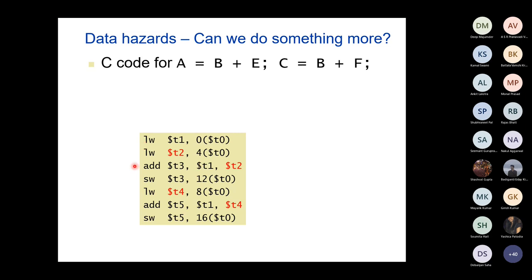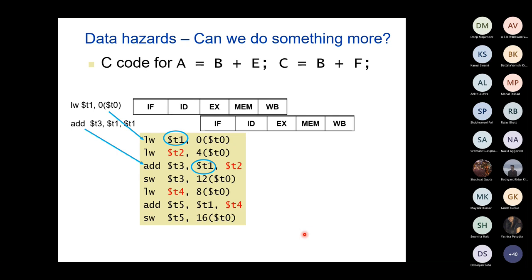First let us look into this load instruction and this add instruction. We have a destination here and a source here, right? This load instruction is here and this add instruction is here, and in between we have another load instruction, which we will consider later on.